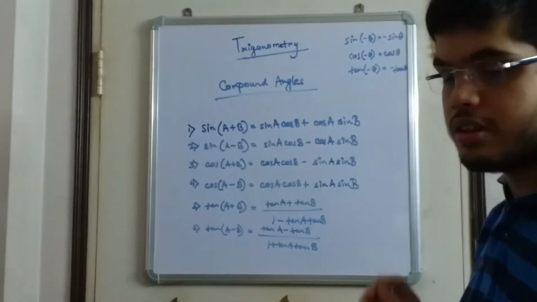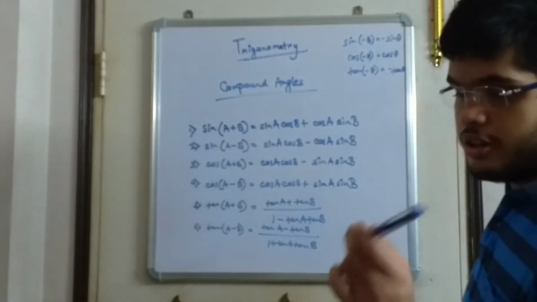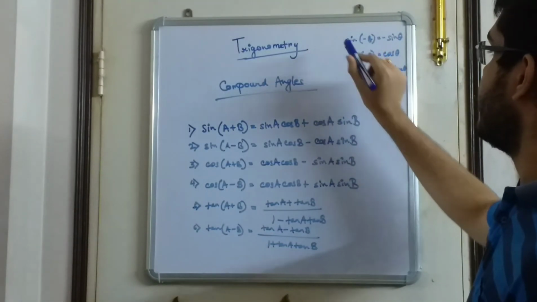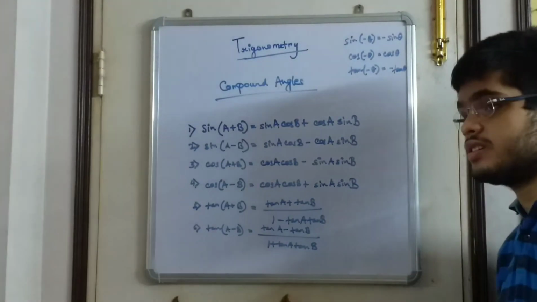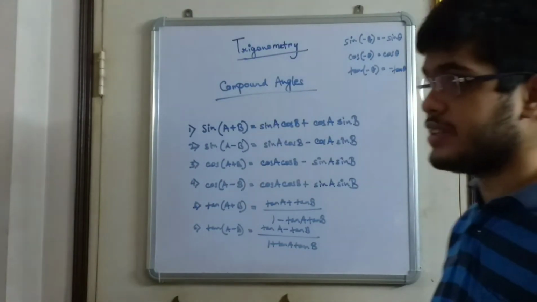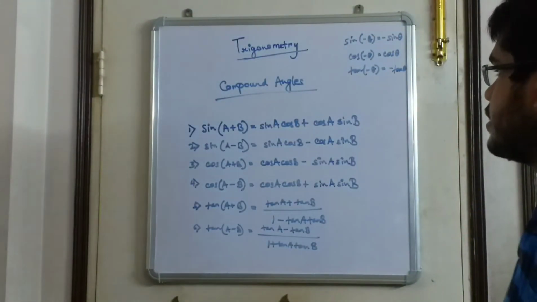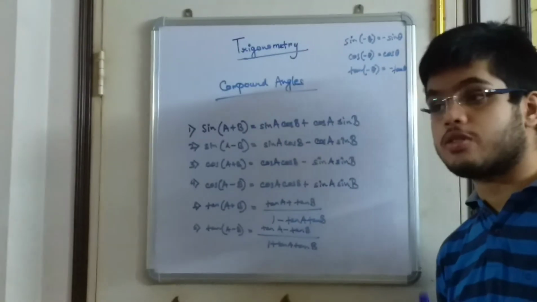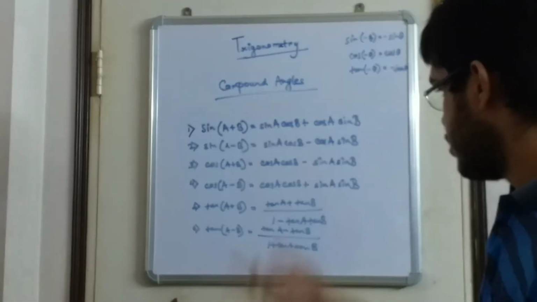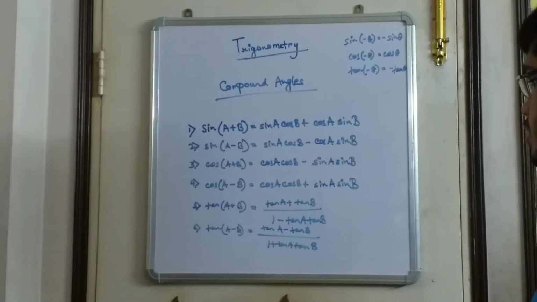But for cos, the value remains the same irrespective of the sign of the angle. Actually, in functions you will learn this thing. This is why sin x and tan x are called odd functions, because sine of minus x is equal to minus of sine x, and cos x is called an even function because cos of minus x is equal to cos x. That's a different thing. So now remember these 6 compound angle formulae.